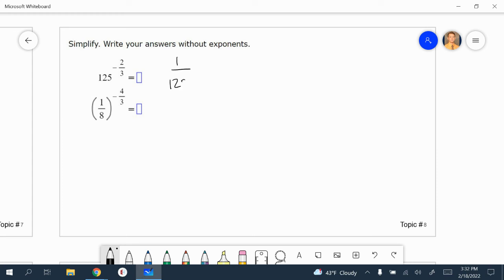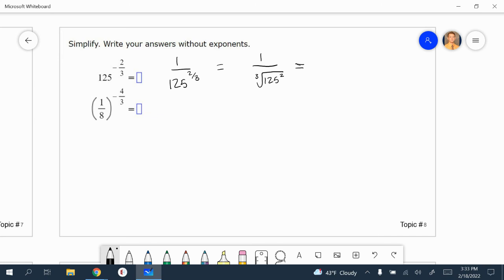So this will be 125 to the positive 2/3 power if I put it under the 1. Now if I change that around a little bit, I'll have 1 over a radical with 125. This 2 will be squaring the 125, and the 3 will be cube rooting it. And so that is how you would write it if you changed its form around.